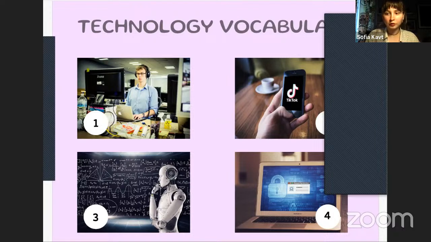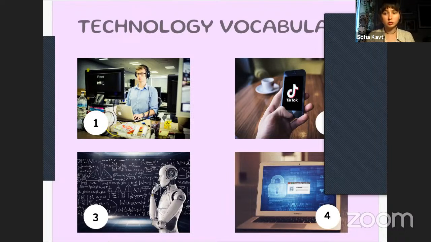Okay, so some people have identified what's in pictures two and three. Definitely picture three is AI, and picture two is an app. And then the person in picture one is tech savvy. Absolutely, he's definitely computer literate and even tech savvy.